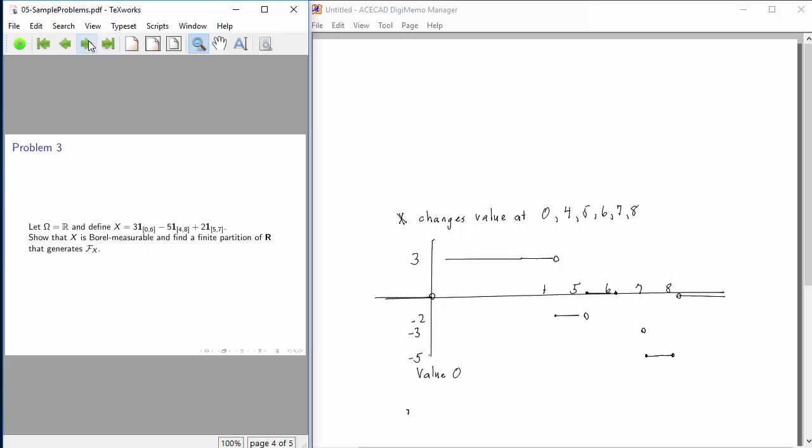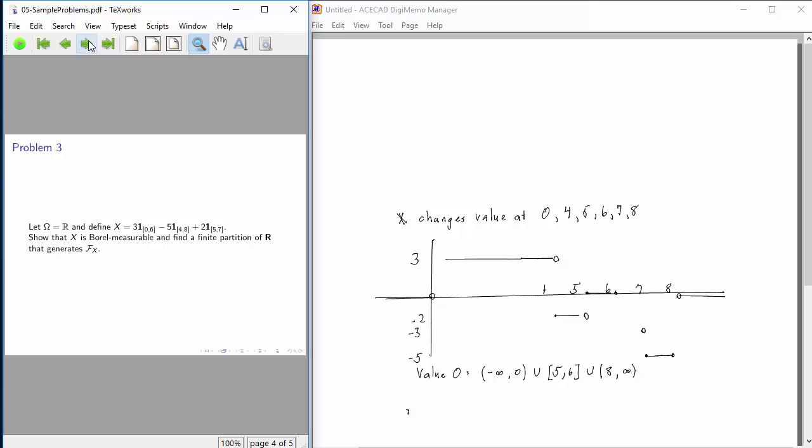For function value 0, the subset of R is all the negative numbers union with the closed interval from 5 to 6, for which I get 0, union with all the numbers that are greater than 8, for which again my payoff is 0.